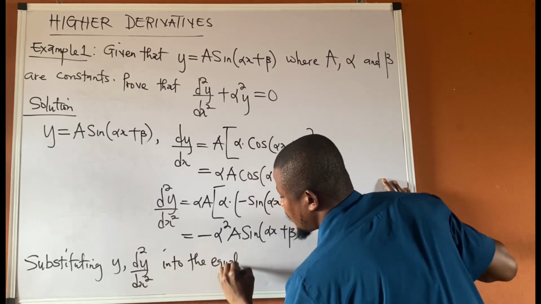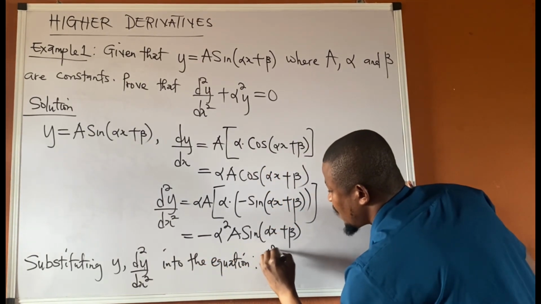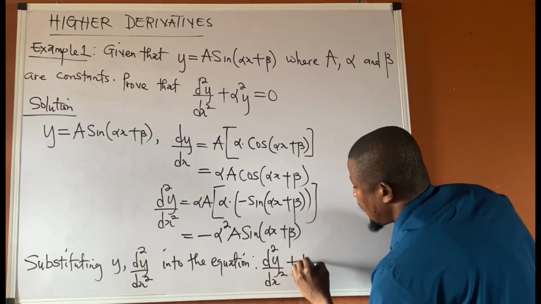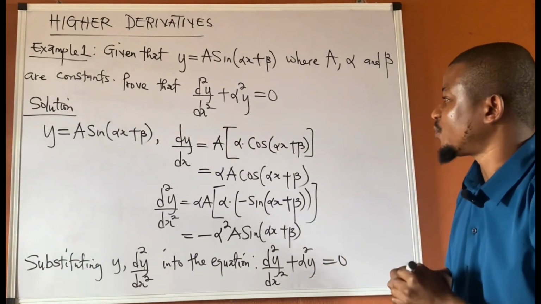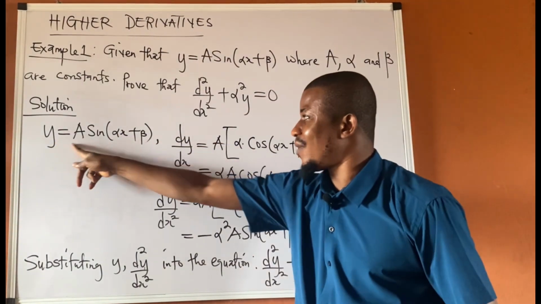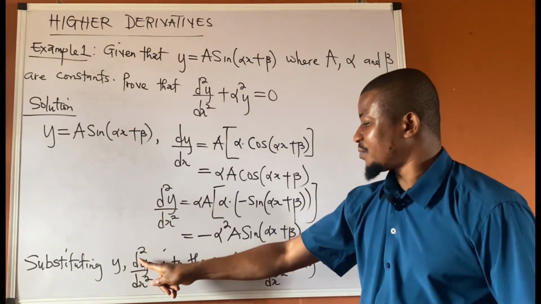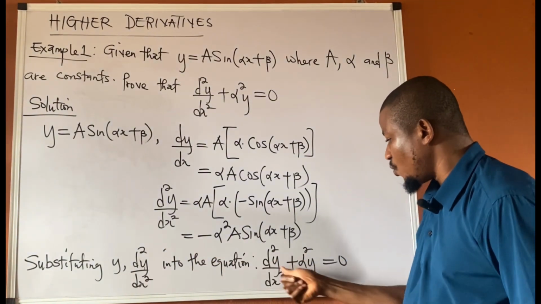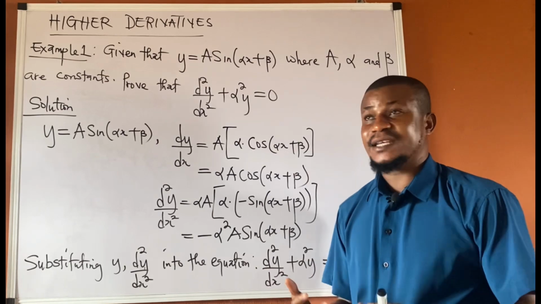Let's rewrite the equation. We have d squared y by dx squared plus alpha squared y equal to 0. We need to substitute the value we have for y. Remember our y is this. We substitute that value into the y here. We also substitute the value of d squared y by dx squared into this. And then we simplify, and we'll get the solution to this problem.